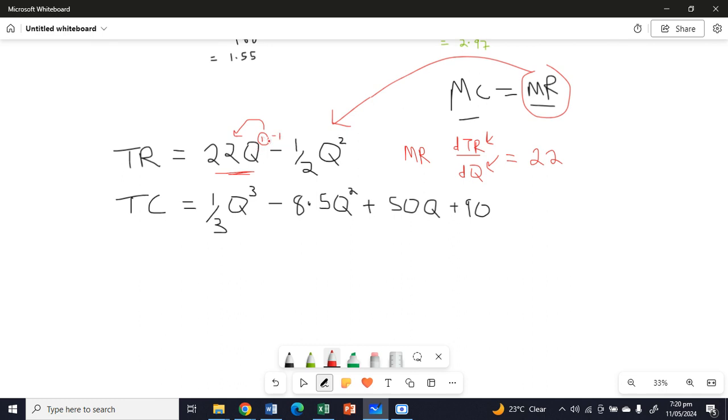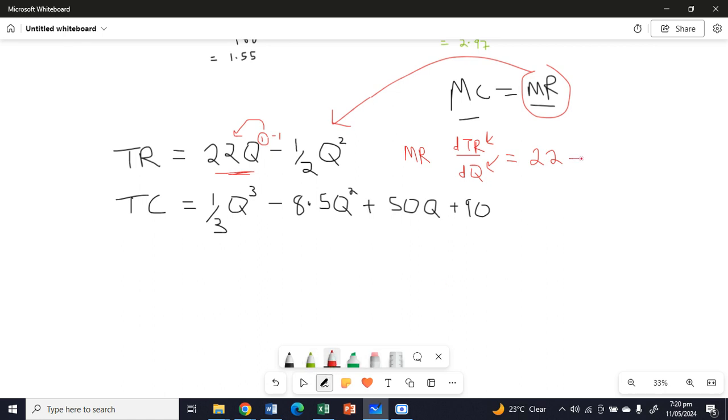So q to the power 0. We remain with 22 q to the power 0. Now, if you remember from mathematics, anything to the power 0 is 1. So you don't need to show that q to the power 0.